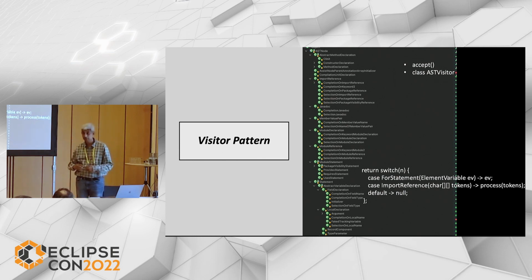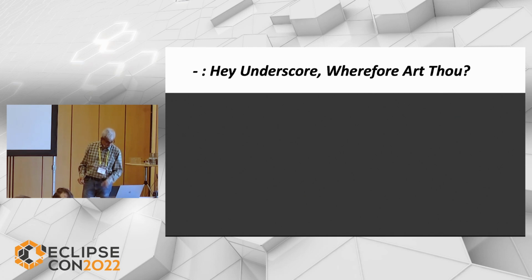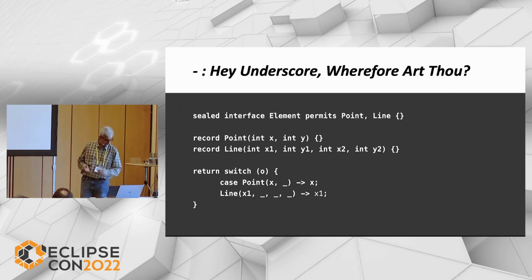I'm not sure whether it's really motivating for some, but I think this is a good use case. So I think I'm closing earlier than I'm supposed to, but what about underscore? We have talked about underscore. This is going to come, something like in Python, where it's a don't care.